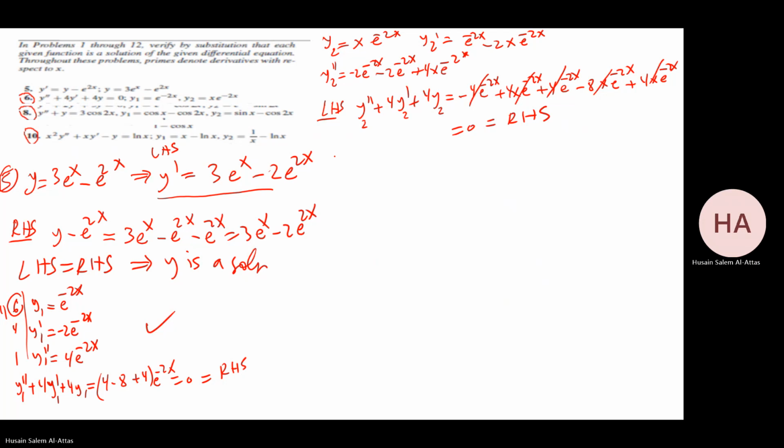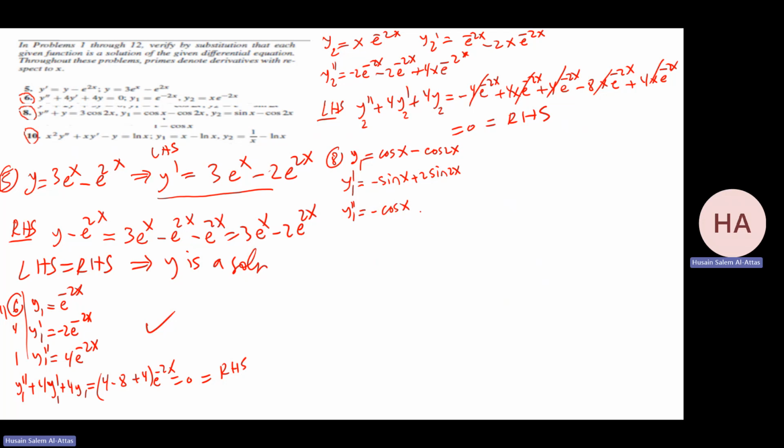Number 8. y1 equals cosine x. I need y double prime plus y equals minus cosine 2x. y1 prime, let me do it quickly here: that will be minus sine x plus 2 sine 2x. y1 double prime will be minus cosine.